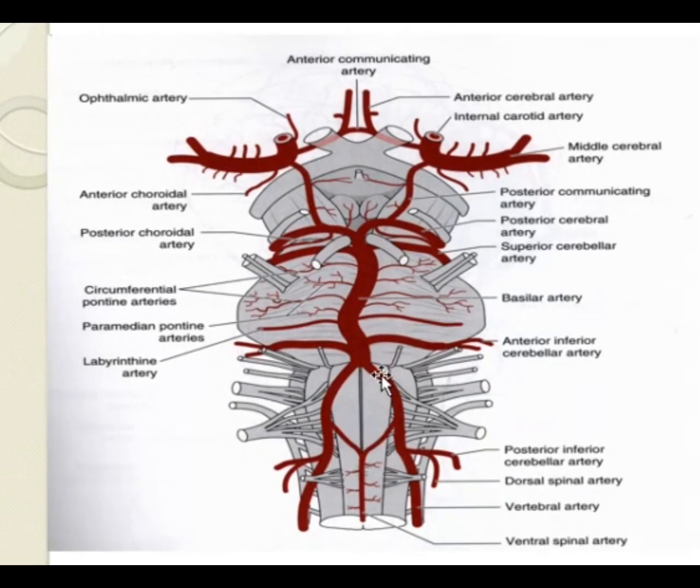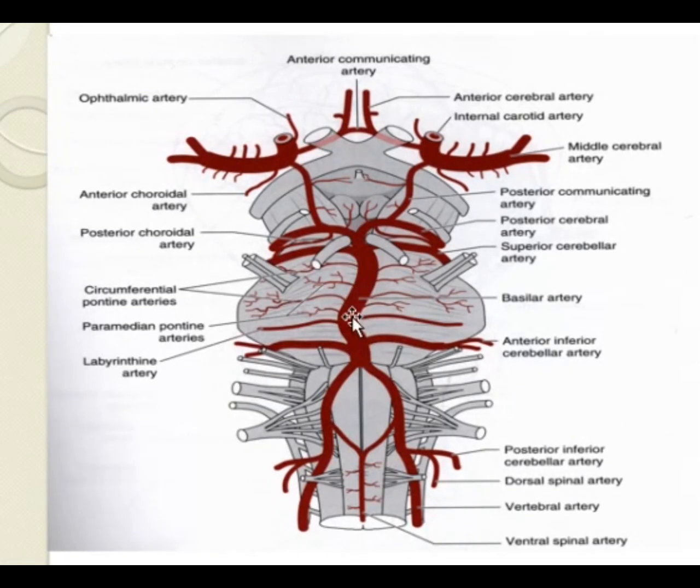When the vertebral arteries reach the pontomedullary junction, the junction between the pons and the medulla, they join. When they join, they form what you call the basilar artery. And this basilar artery moves along the anterior surface of the pons.